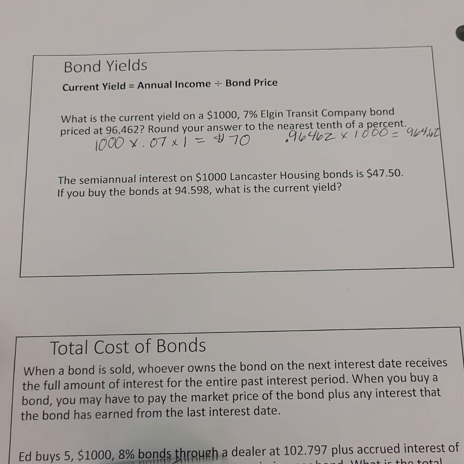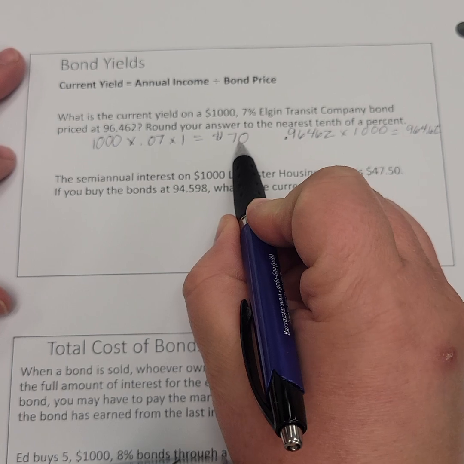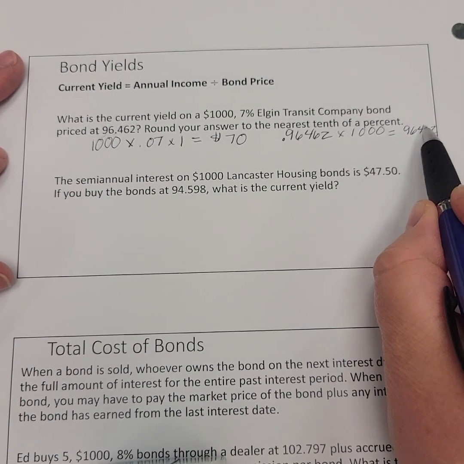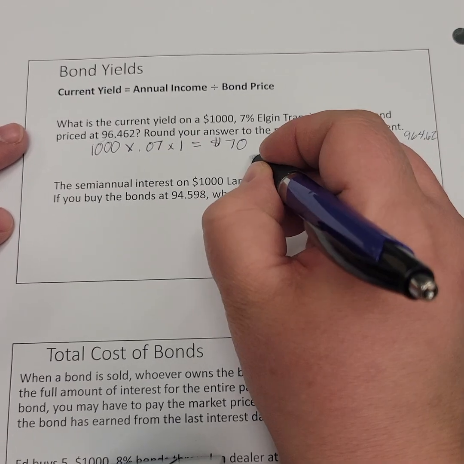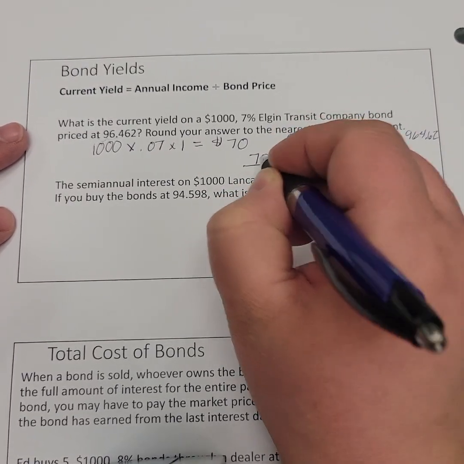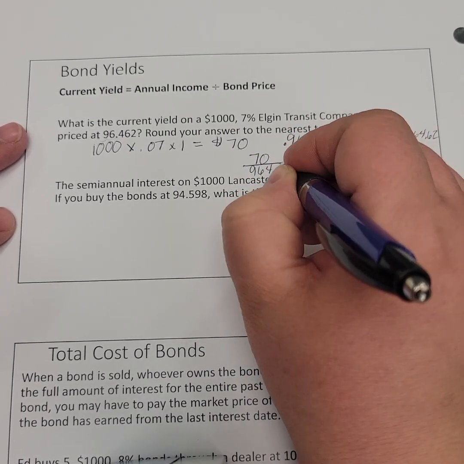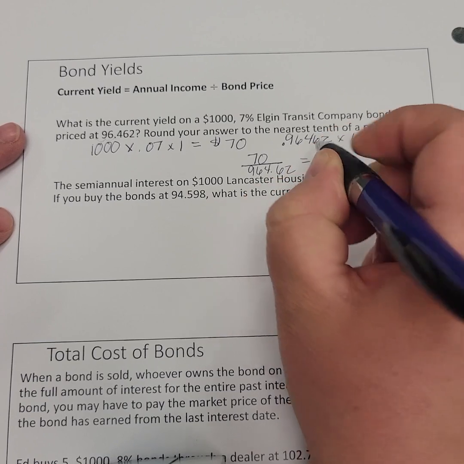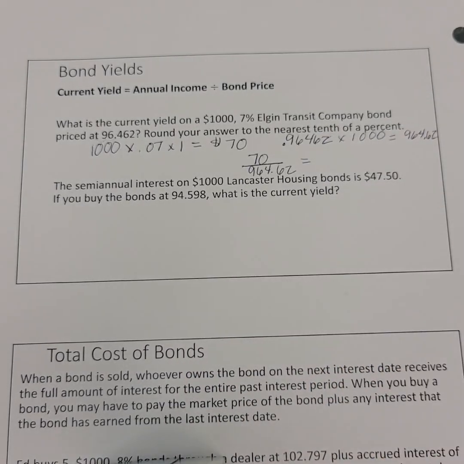Okay. So then we're going to take the income. So here's the income divided by the bond price. We're going to take 70 divided by 964.62, and it says round your answer to the nearest 1/10 of a percent.